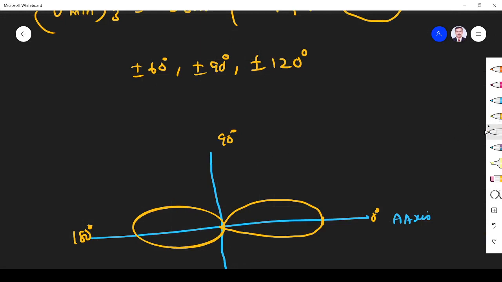So this is what I draw. This is 75.5 degrees, where one minor lobe maximum occurs.